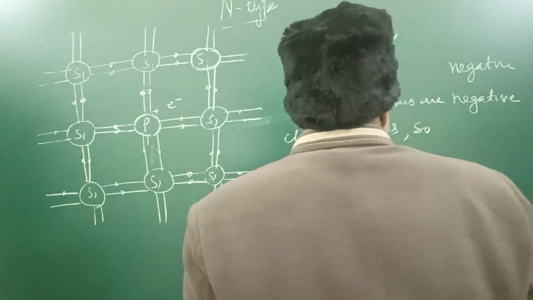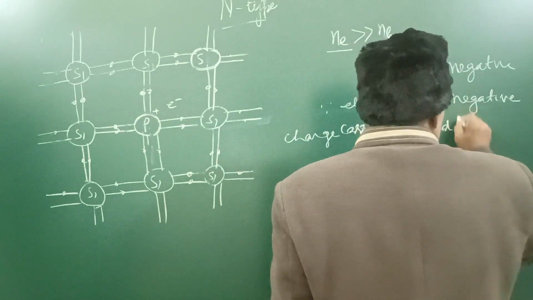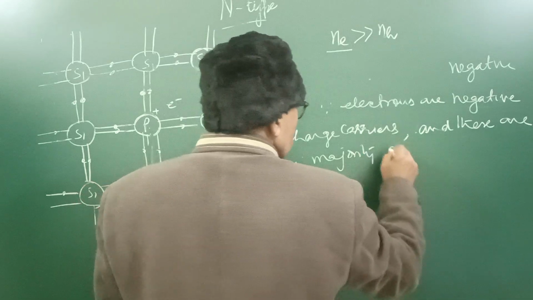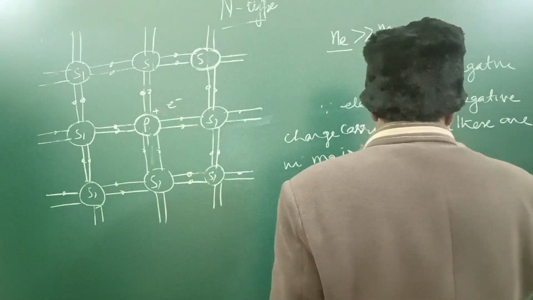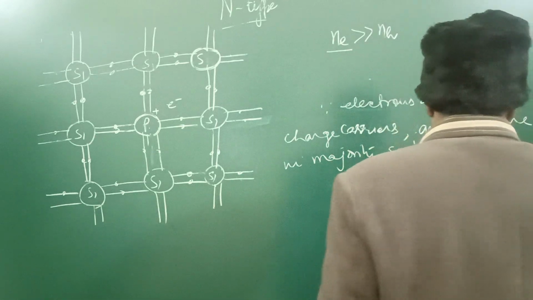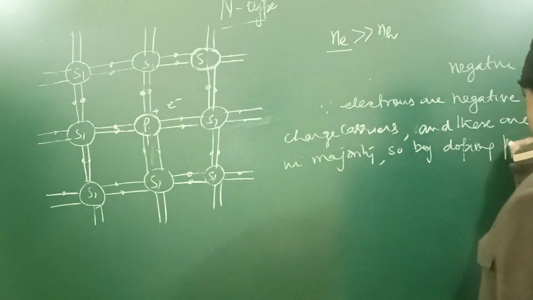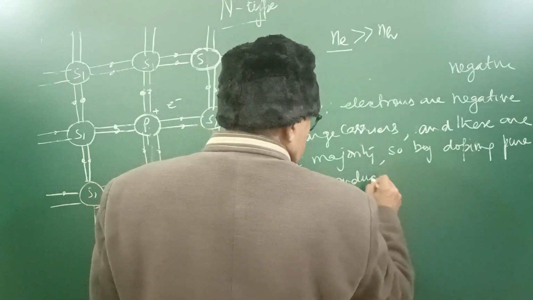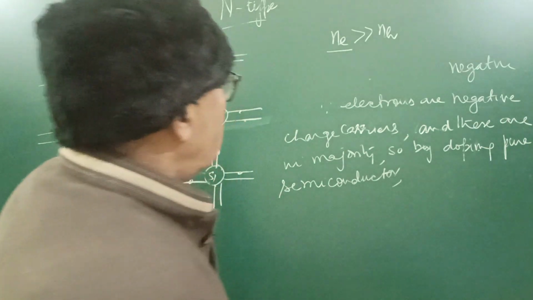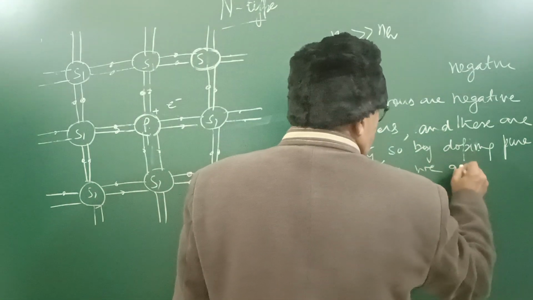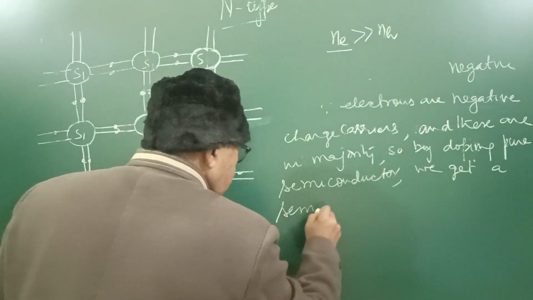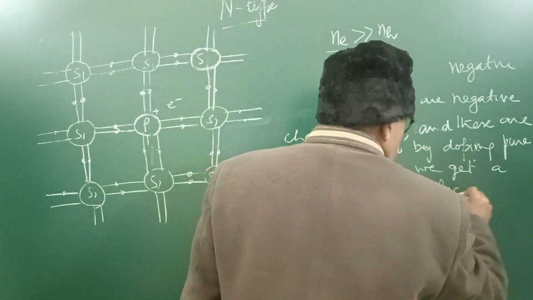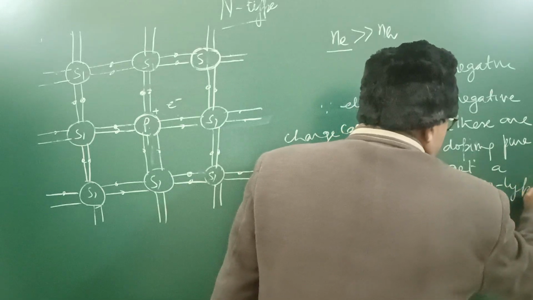So, these are in majority. So, by doping pure semiconductor, we get a semiconductor which is called N-type semiconductor.